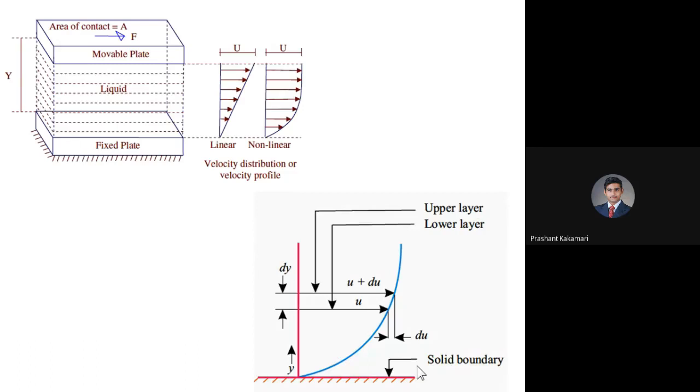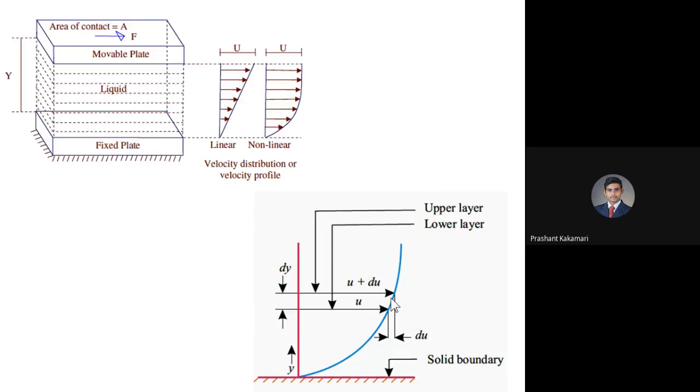In this top side figure, you can see there is a fixed plate on which a liquid is flowing. So assume the liquid is water. Water is flowing. Above that, one more plate is kept. This is just an experiment. Just above that, one more plate is moving in the right side direction.